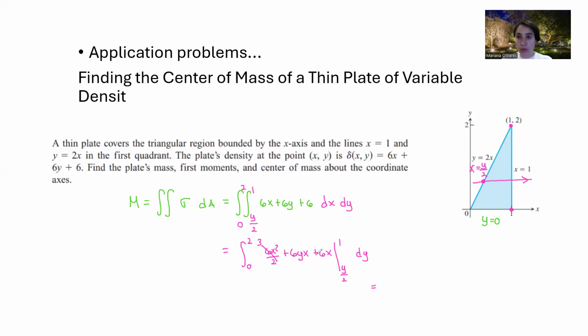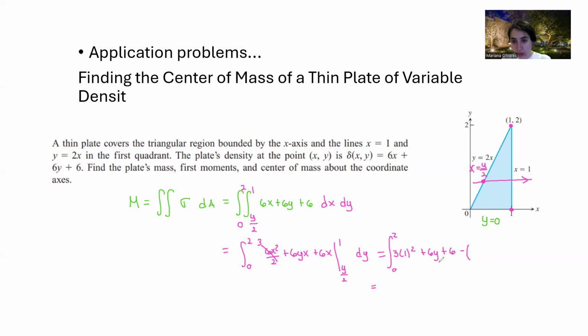So let's do the substitution. If we start by the upper limit, from here we're getting a 3 times 1 squared. If we substitute the 1 here, we're getting a 6 times y. And from here, a 6, if we substitute here.